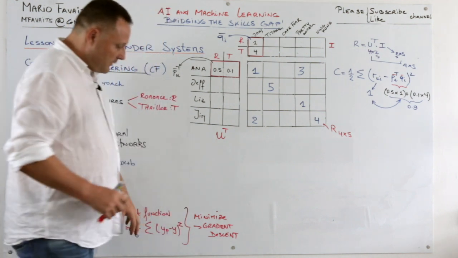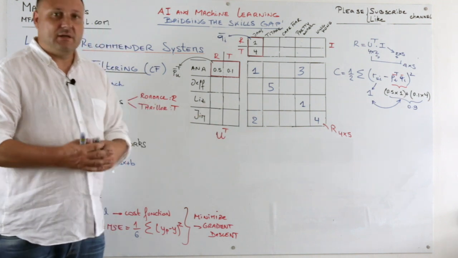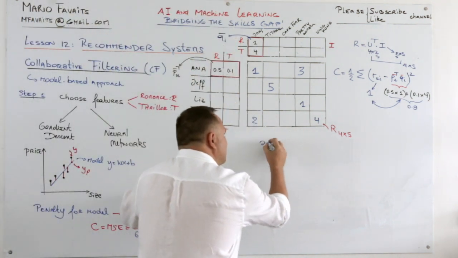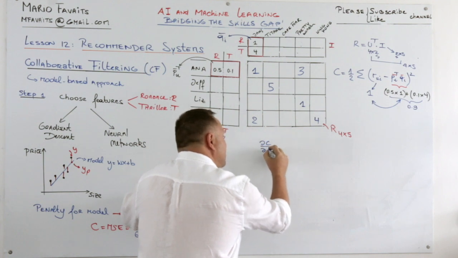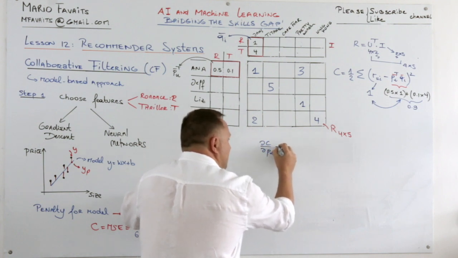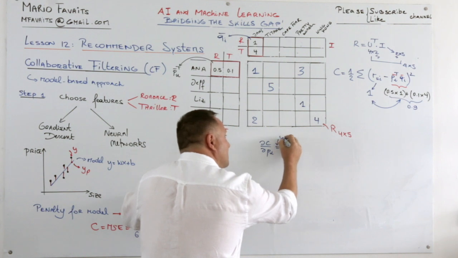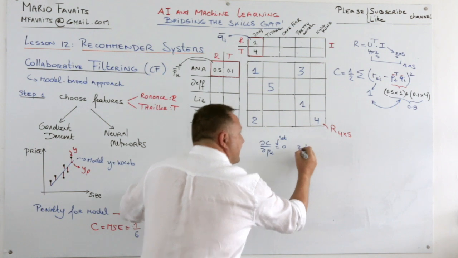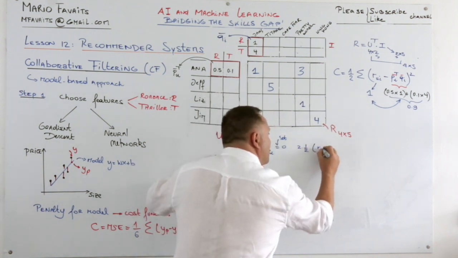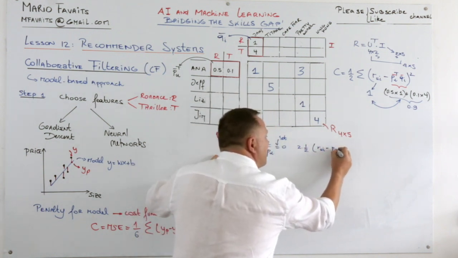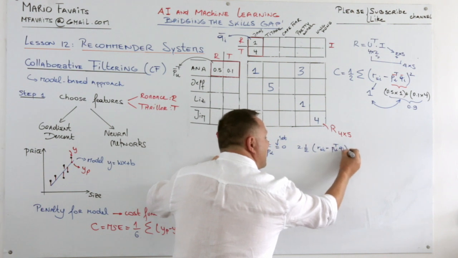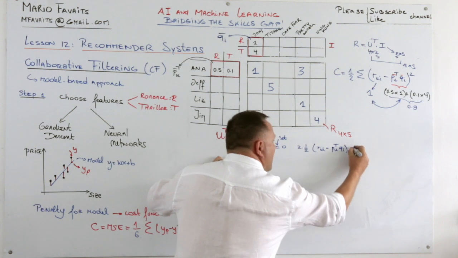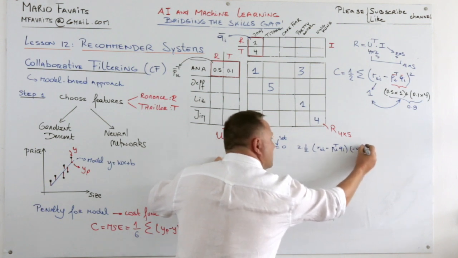So, gradient descent, we have to minimize the cost function. Yeah? So the cost function we have to minimize, so we need to take the derivative with respect to PU and set it to 0. Okay, if we take the derivative, we have 2 times half, and then we have RUI minus PU transpose QI, and then times minus QI.